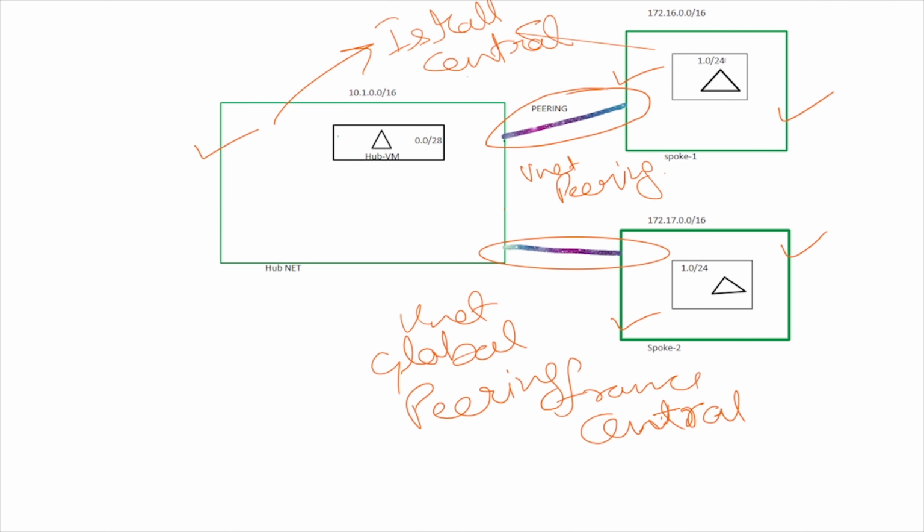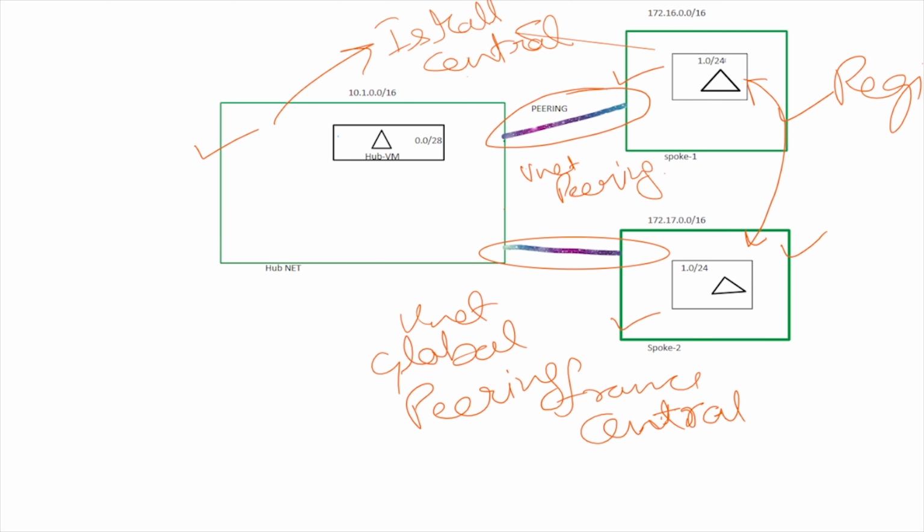Since a replica or instance of the application can be put in both regions, if this VM goes down, then the other VM will be available. That is the reason we use different regions. But here we are going to cover the hub and spoke topology.